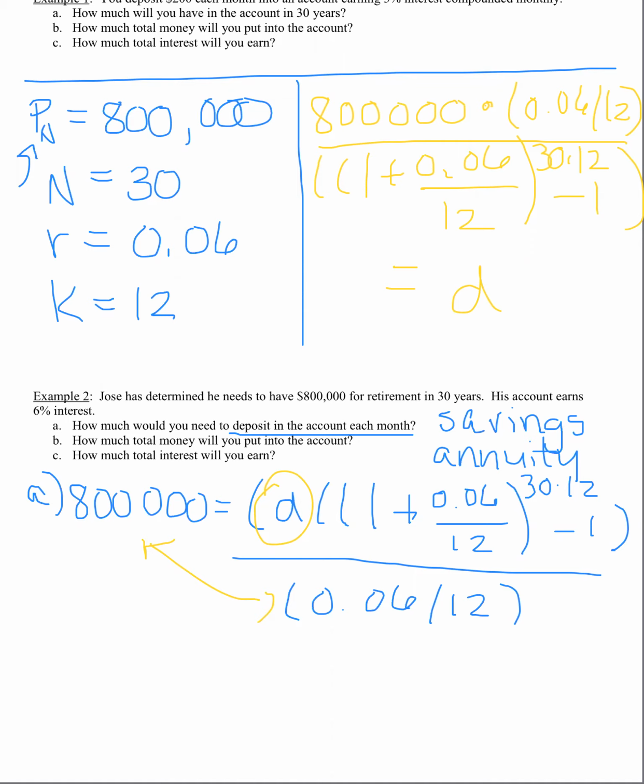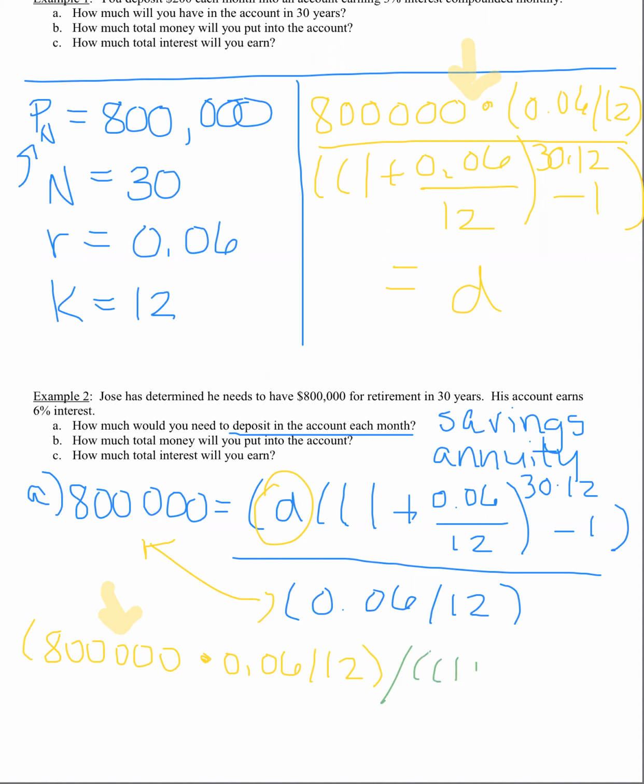So what that looks like in the calculator is you're going to do 800,000. I'm putting parentheses around the whole top portion too, times 0.06 divided by 12. So all that piece up here is right there. Okay, and then we're going to hit divide by that whole bottom piece.